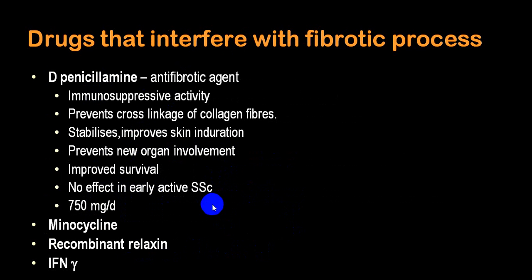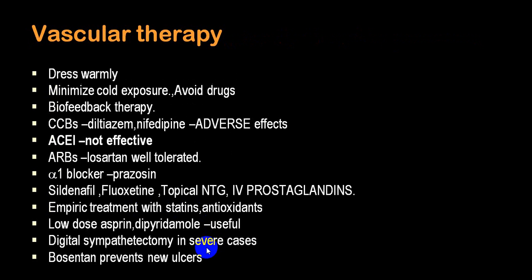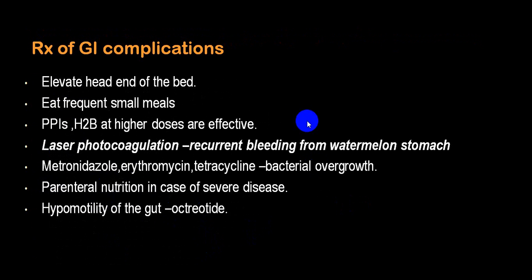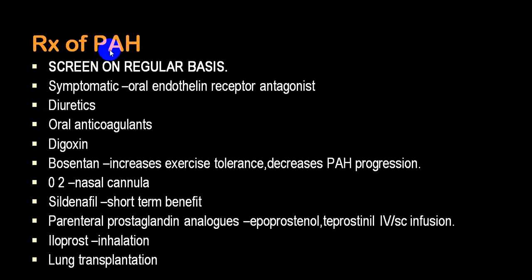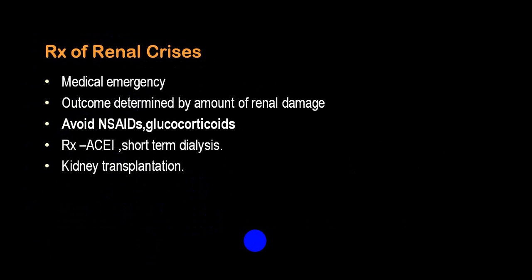D-penicillamine is also utilized, minocycline, etc. For vascular therapy, you can go for ACE inhibitor, CCB, alpha blockers, etc. All those are being utilized. In GI complications, mainly proton pump inhibitor and H2 receptor blockers. In pulmonary hypertension, mainly CCB is very frequently utilized, diuretic, oral anticoagulant, digoxin, etc. Sildenafil, all those for pulmonary hypertension.